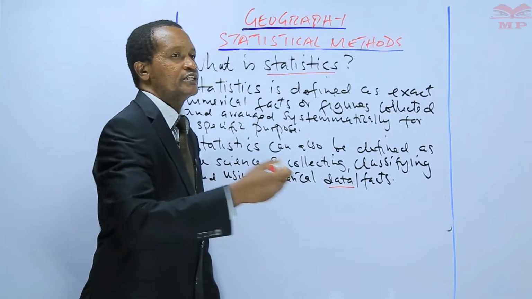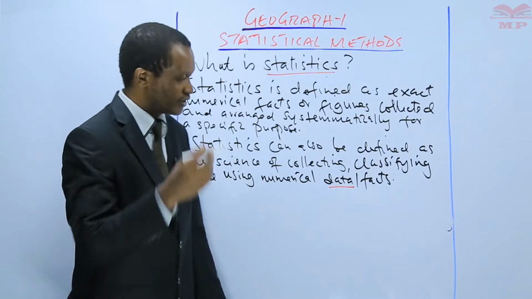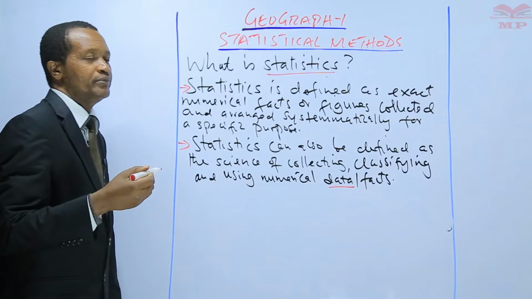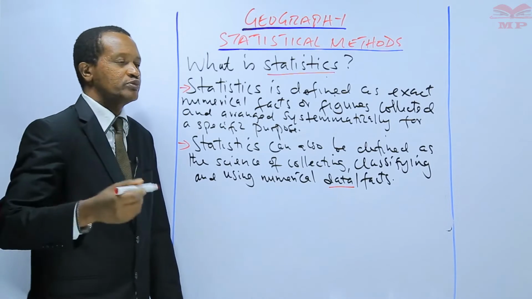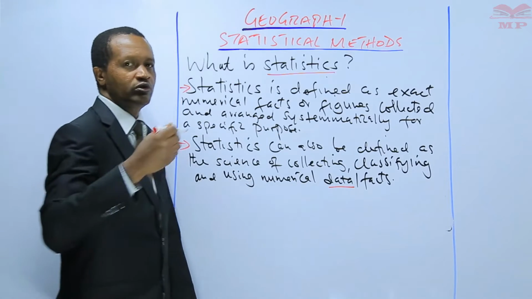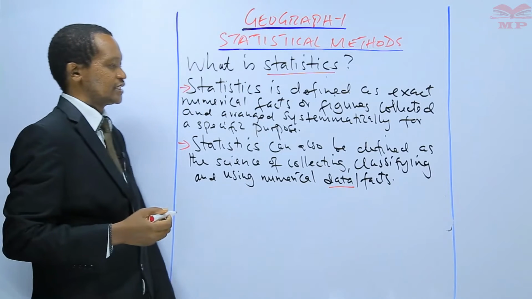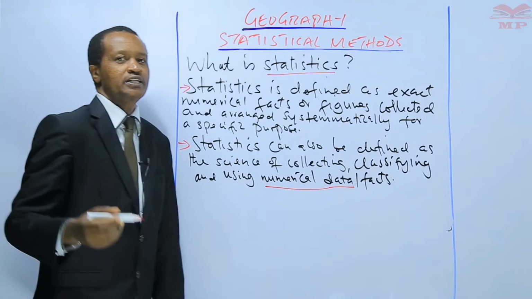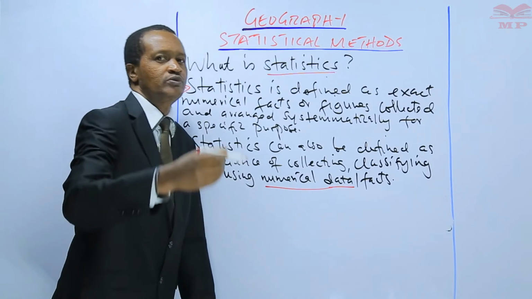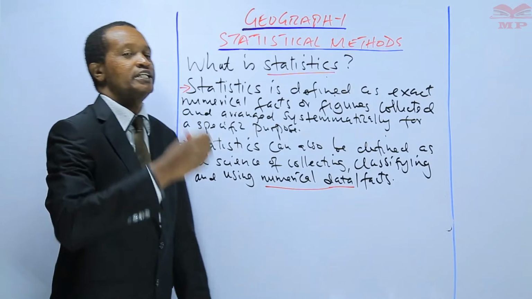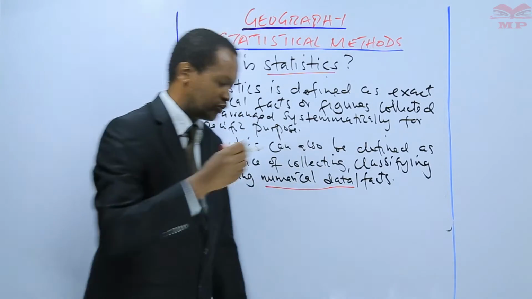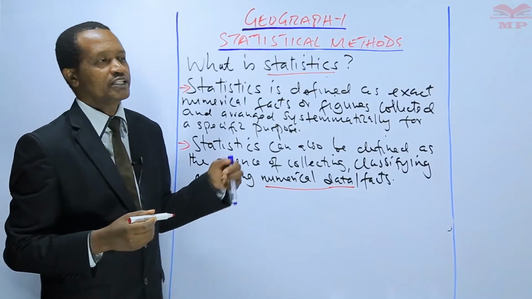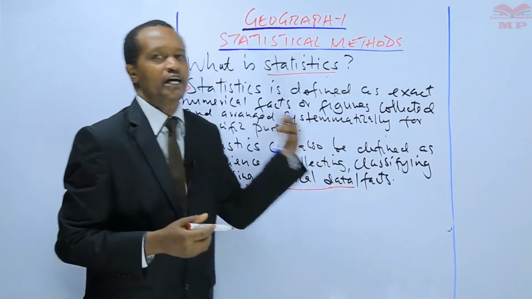So therefore, statistical data will mean information presented in numerical form. Statistical data or numerical data is the information that is presented in numerical form. Numerical form means in numbers. That is information in form of numbers.